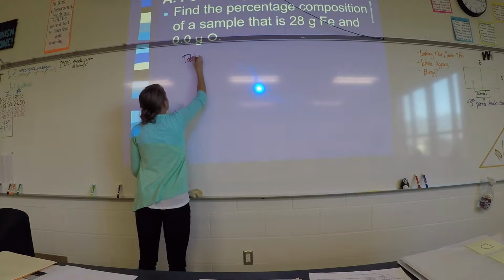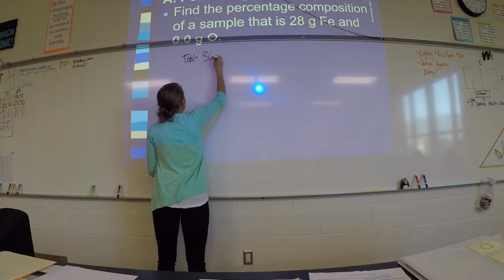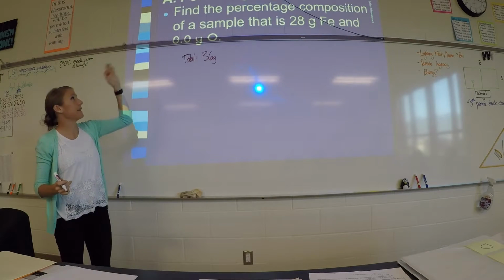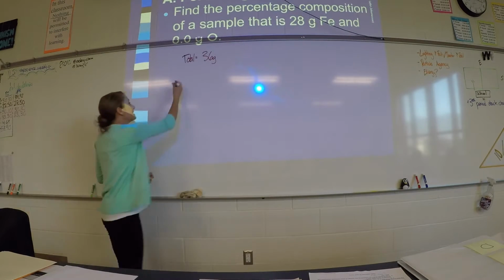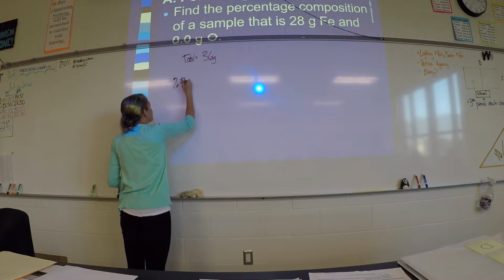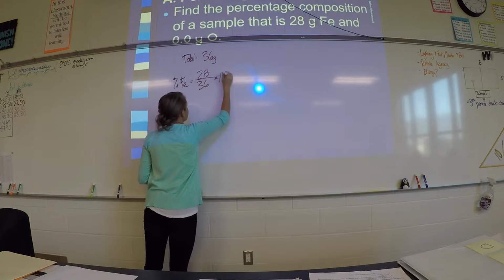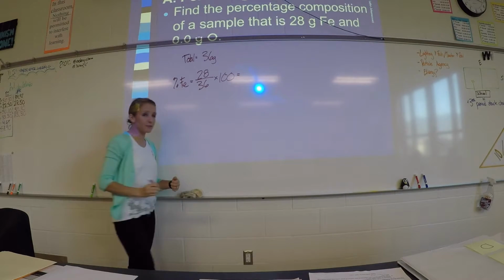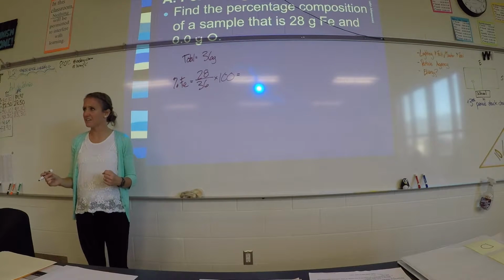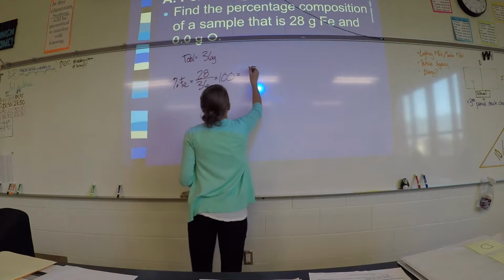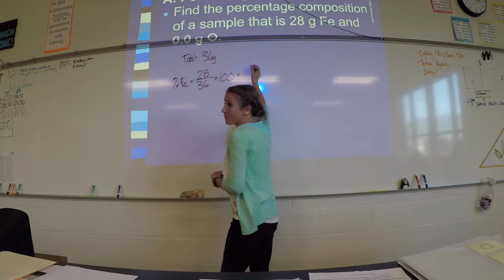So my total would simply be 36 grams because we add 28 plus 8. Then to find the percent of each of them, we take the amount, so there's 28 grams of iron to the total of 36 times by 100, that ends up being what, 78? 77.8. Wait, 77.78.